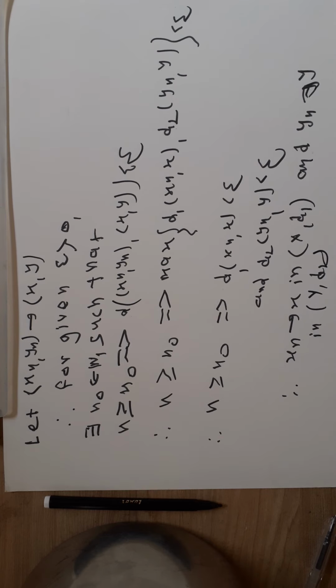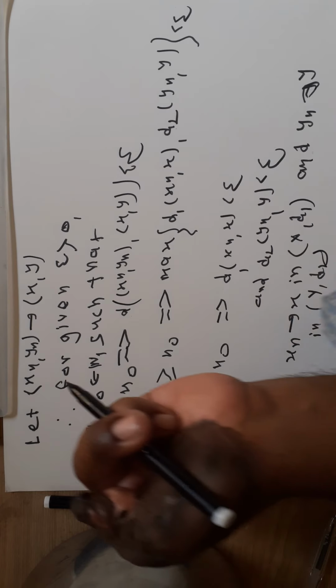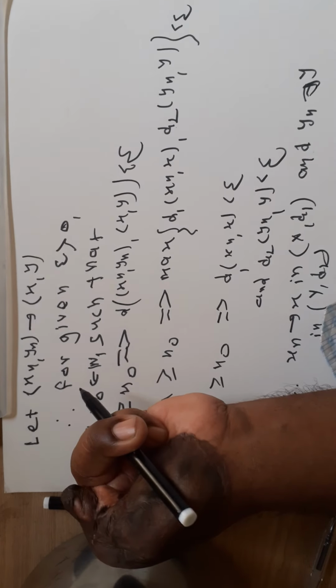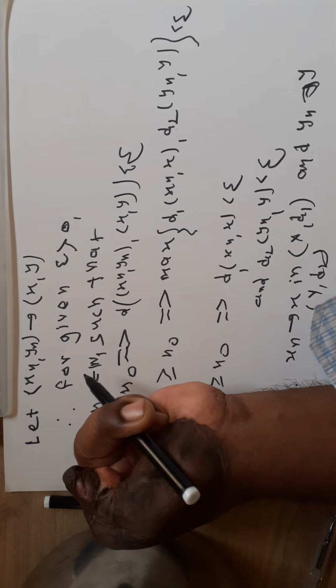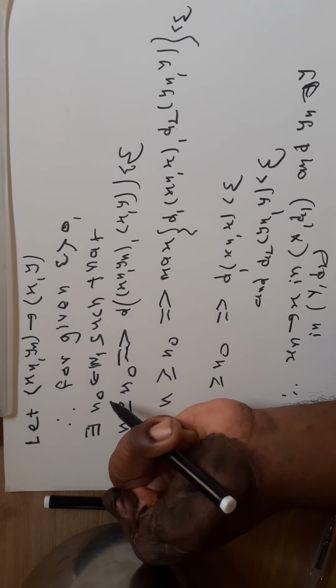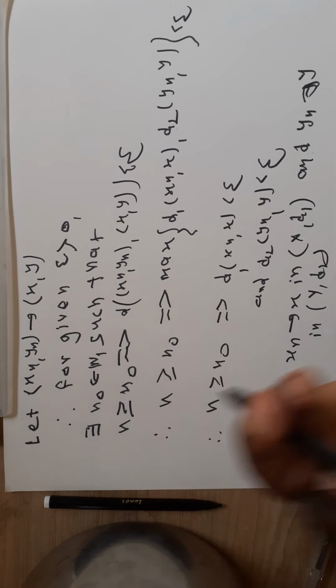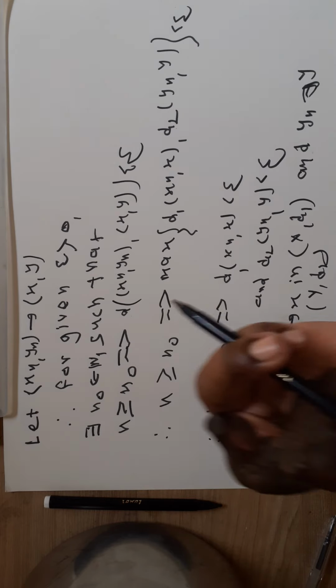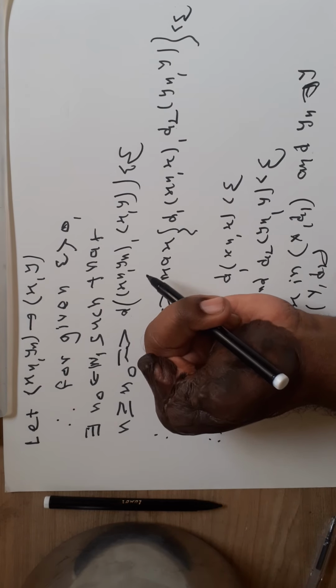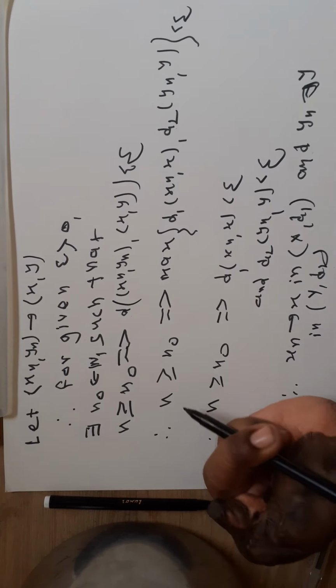Therefore, as (xn, yn) approaches (x, y), for given epsilon greater than 0, there exists n0 belonging to N such that n greater than n0 implies the distance between (xn, yn) and (x, y) is less than epsilon.